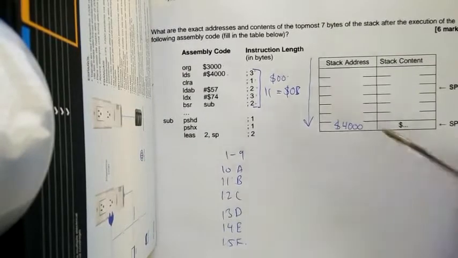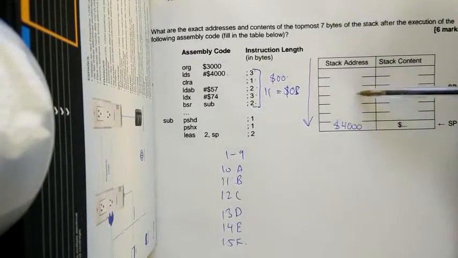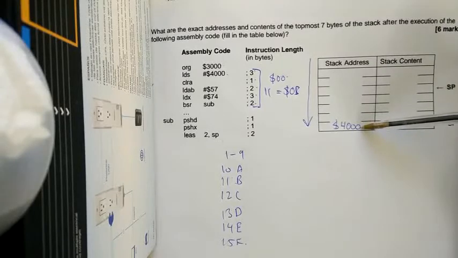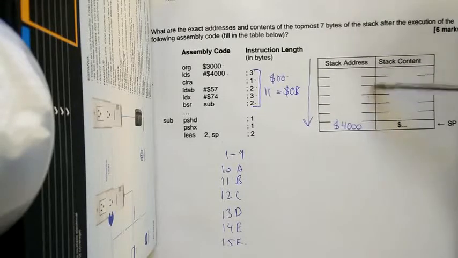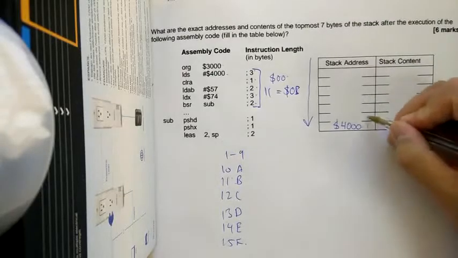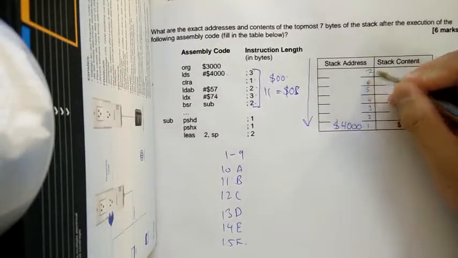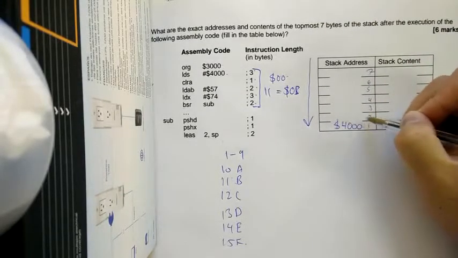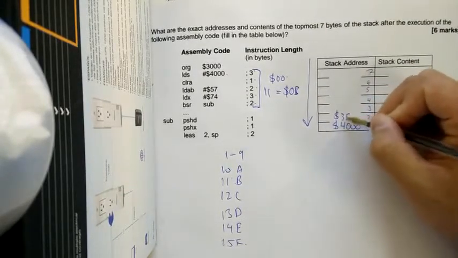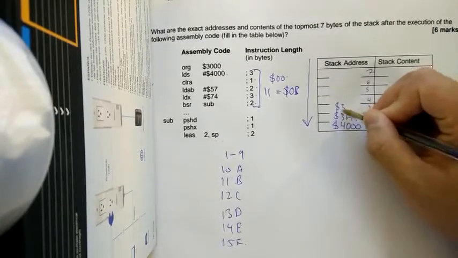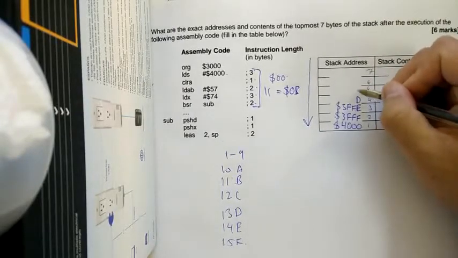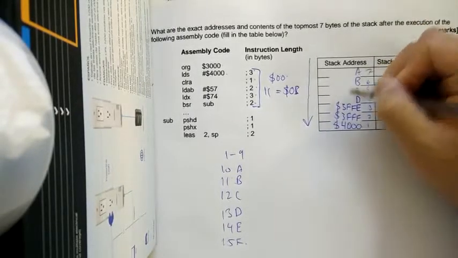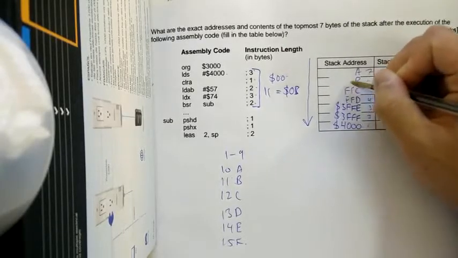For the top 7, we know that the stack address starts at 4000, and since it's a last in first out system, it has to decrement by 1 each time we go up. So this is number 1, 2, 3, 4, 5, 6, 7. We decrement by 1 every time, so this is $3FFF, $3FFE, and so on down to $3FFA.